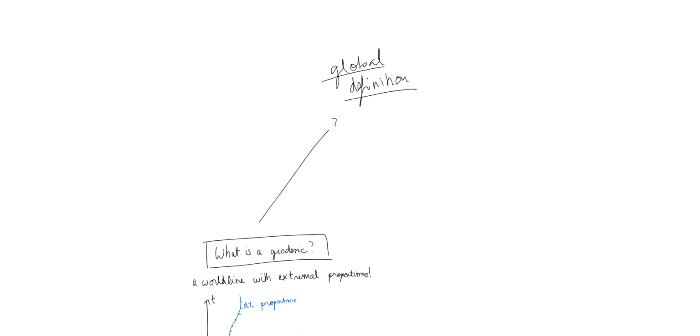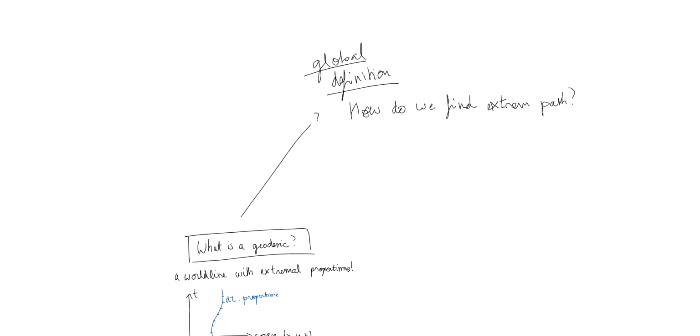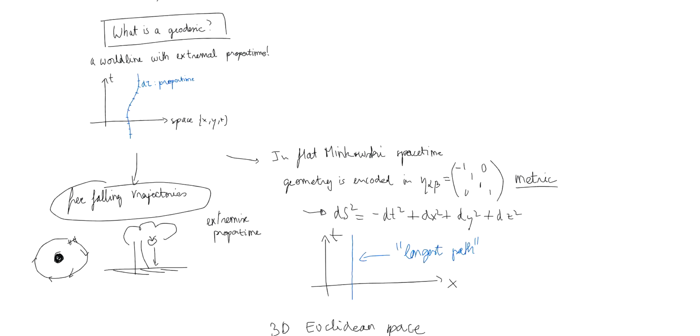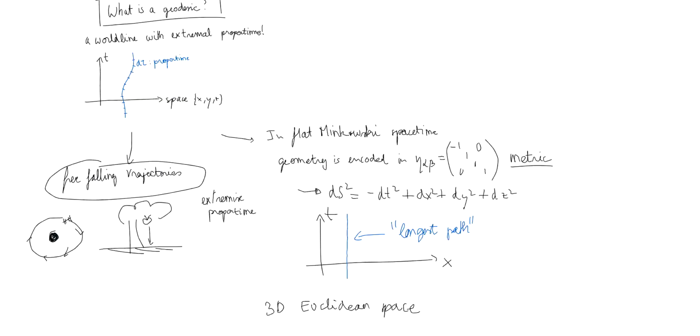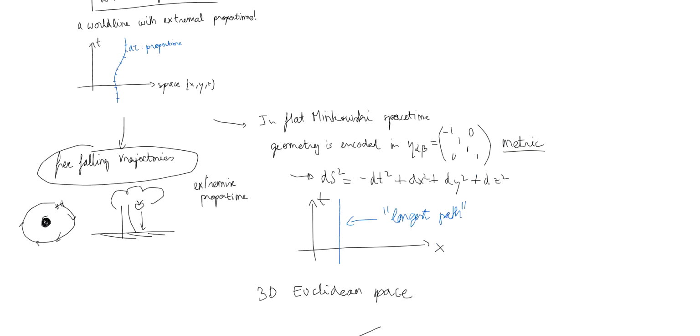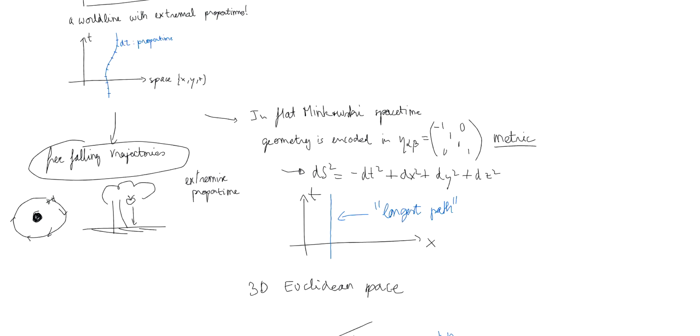How do we find an extremal path? Well, I introduced the space-time metric, for example the Minkowski metric, and the line element ds squared, and we know the relation ds squared equals minus d tau squared.